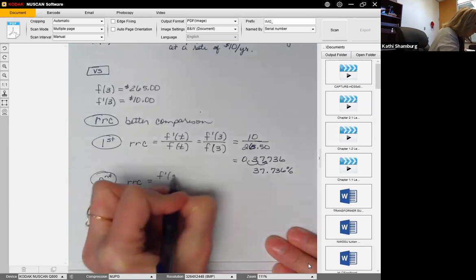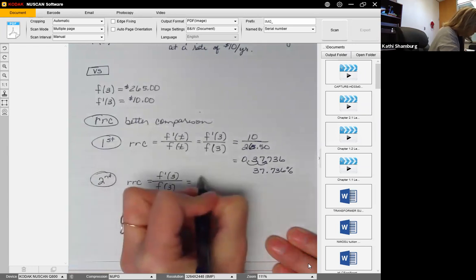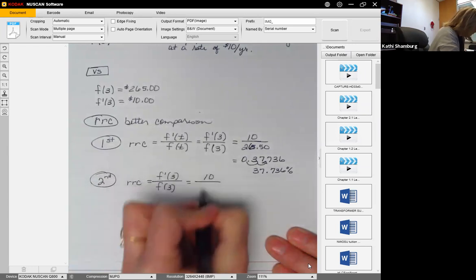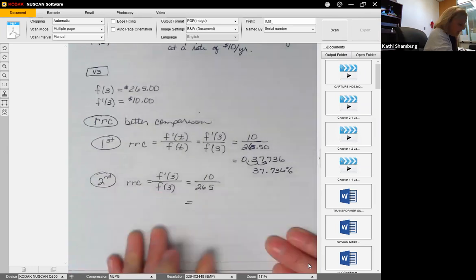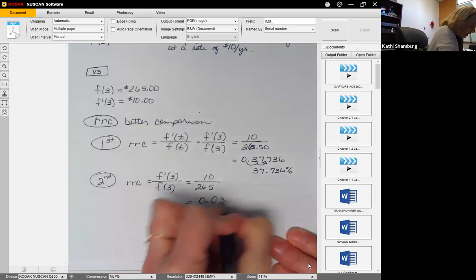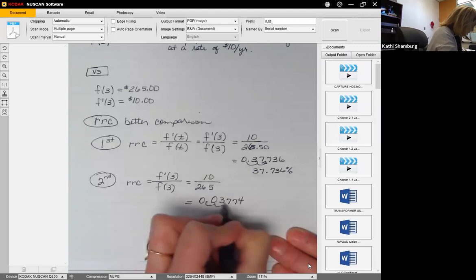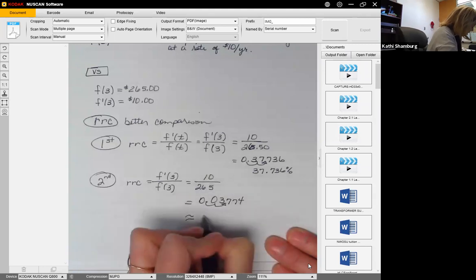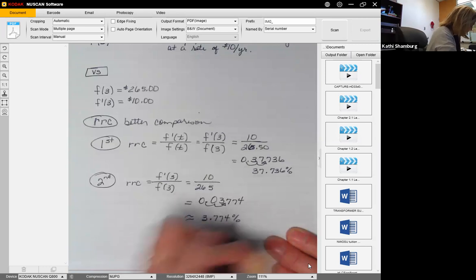If we did the same calculation, but the initial value, which the $10 is the same, but this is 265. So if you take 10 divided by 265, you get 0.03774, which would be approximately 3.774%.